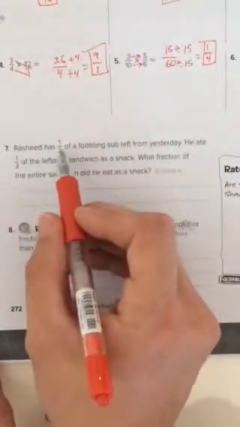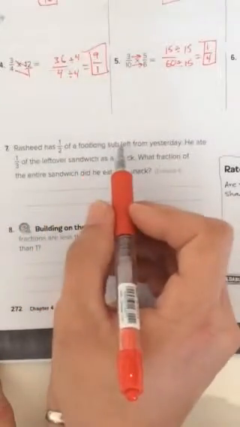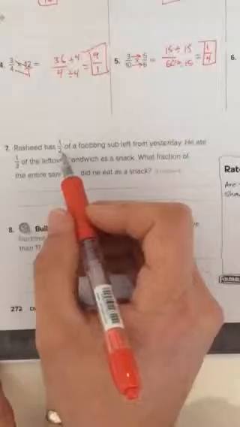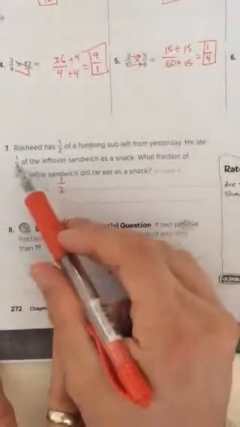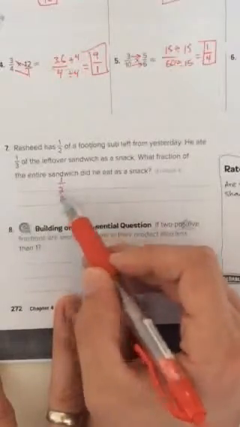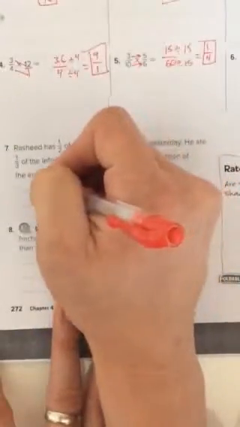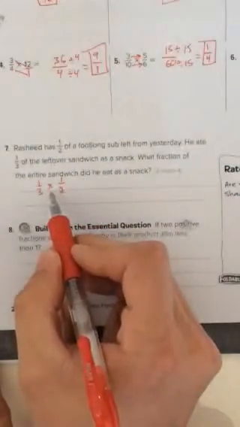Okay, so Rashid has 1/2 of a foot-long sub left. So 1/2 times the foot-long is going to be 1/2. So he has 1/2 left. Now, it says he ate 1/3 of what he had left. So he has 1/2 left. So 1/3 of is multiply.